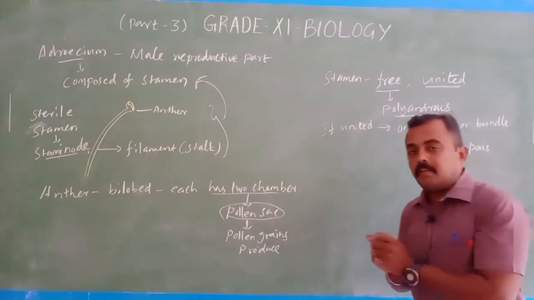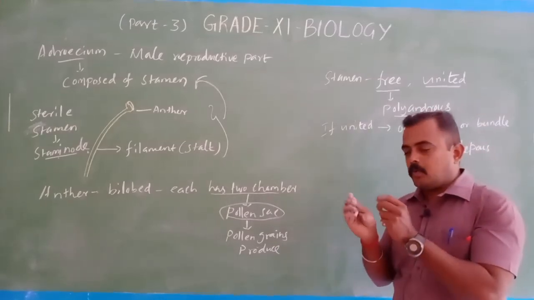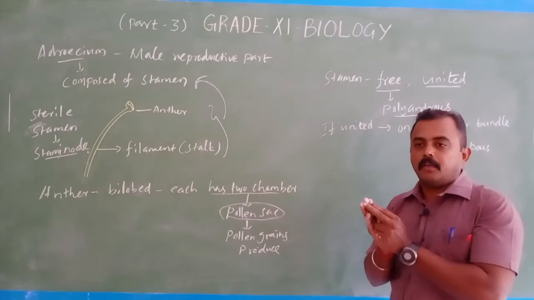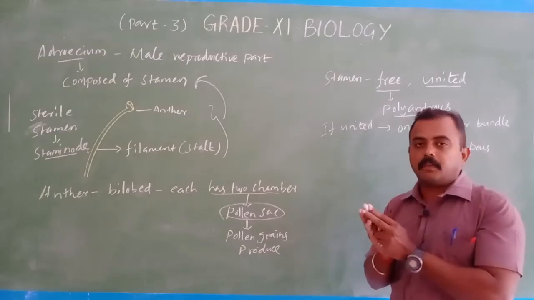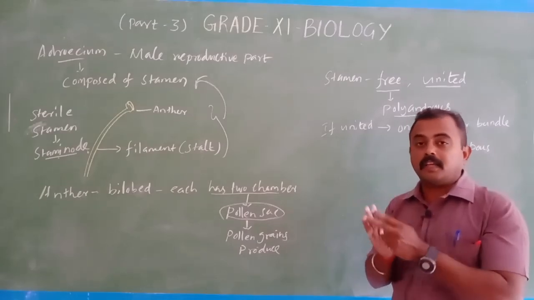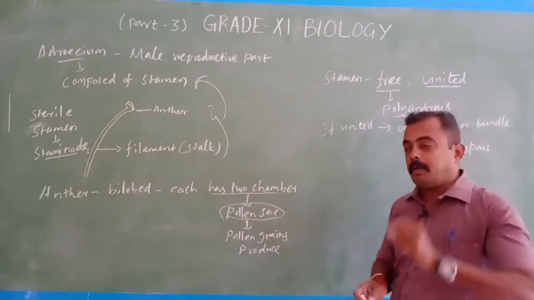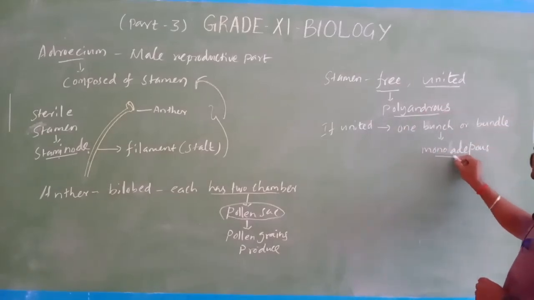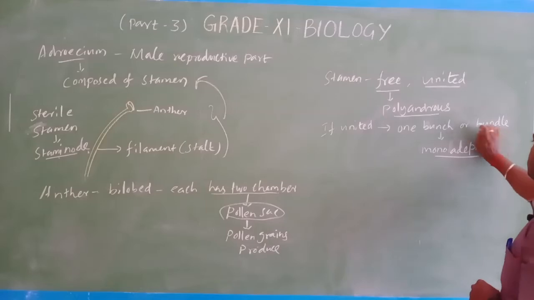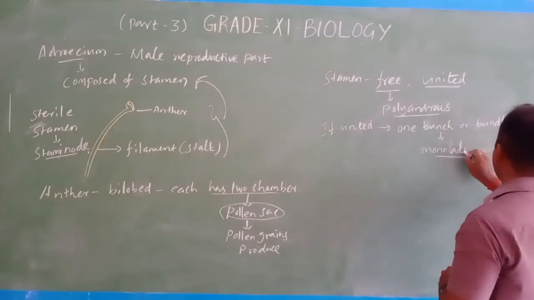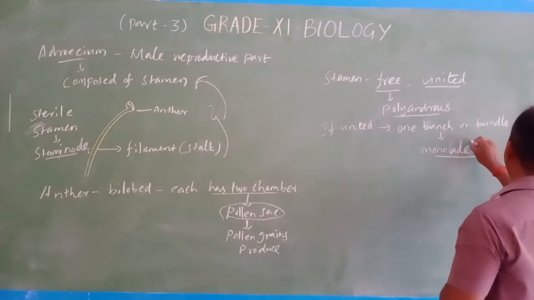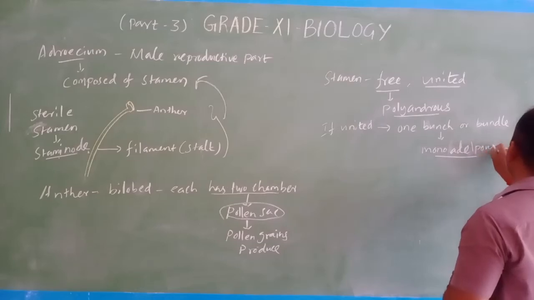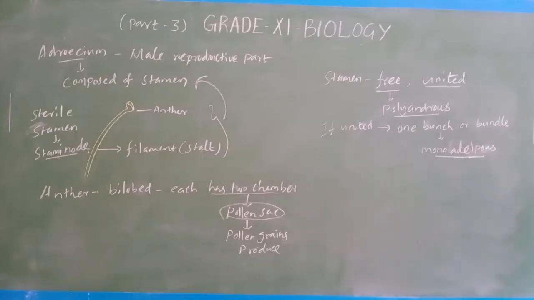If they are attached to each other, it can be one bundle, two bundles, or more than two bundles, and we have separate names for these. If it is one bundle, it is monoadelphous.